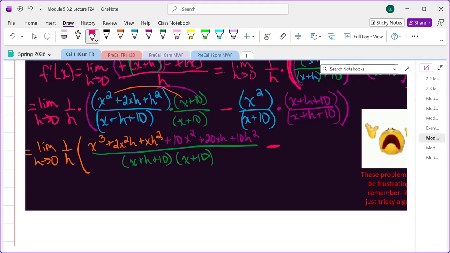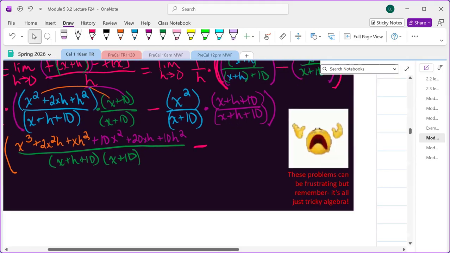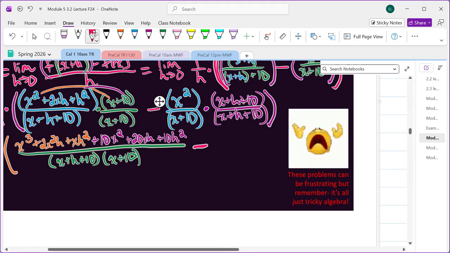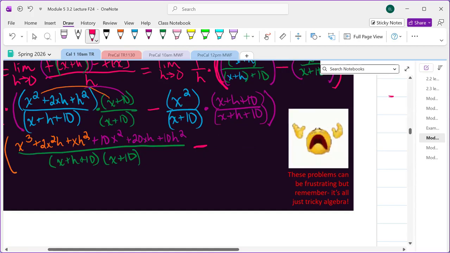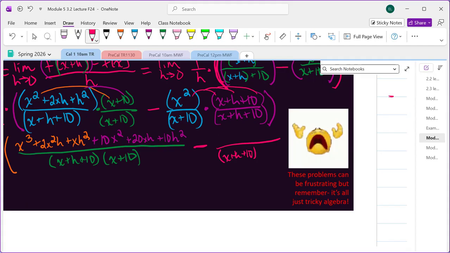Minus. Now this other one isn't as bad. We're just having to multiply x squared through. But then we've got that same denominator on the bottom, the x plus h plus 10 over x plus 10. So on top, we'll have an x cubed plus x squared h plus 10x squared.